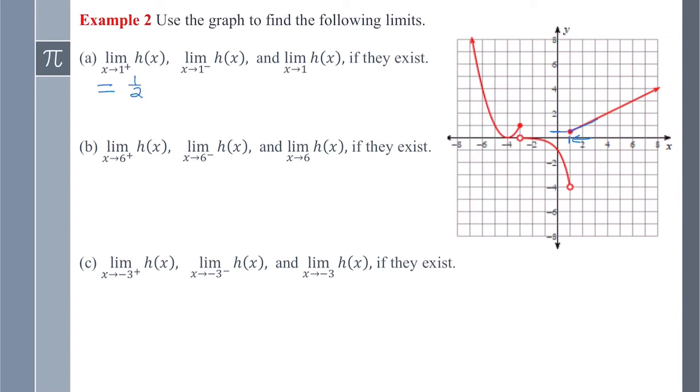When x approaches 1 from the left, the function is approaching this value here, which is -4. So the right hand limit is 1/2, the left hand limit is -4. That means the limit of h of x as x approaches 1 does not exist, because the left hand limit is not the same as the right hand limit.